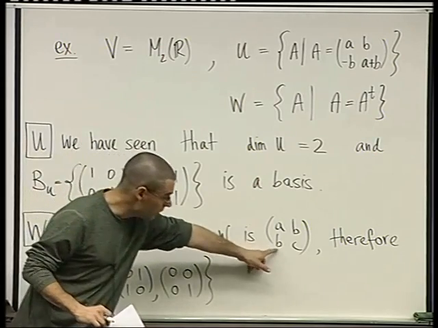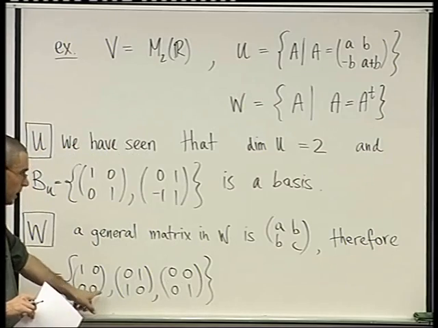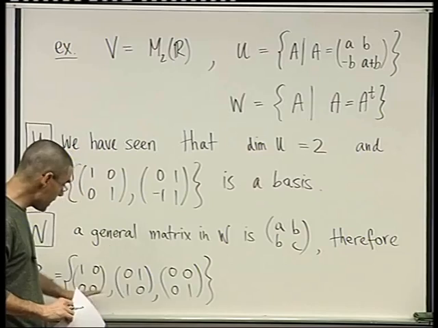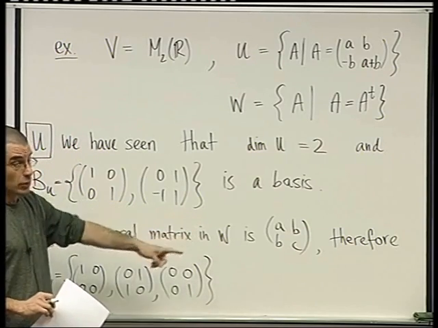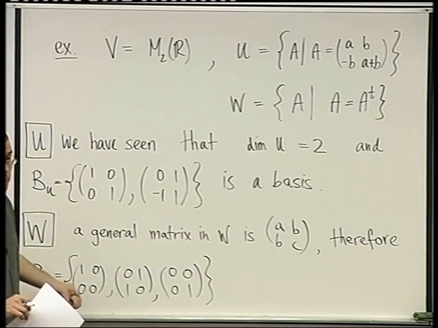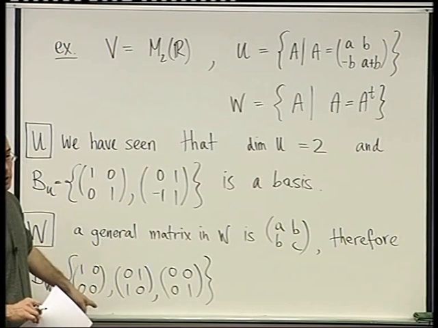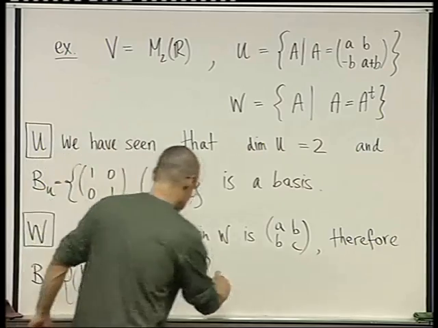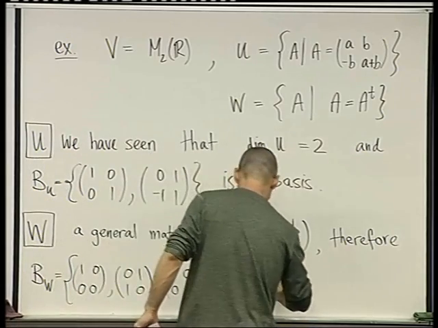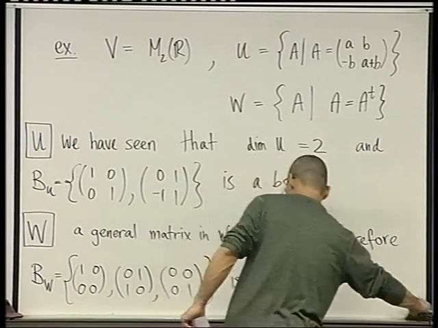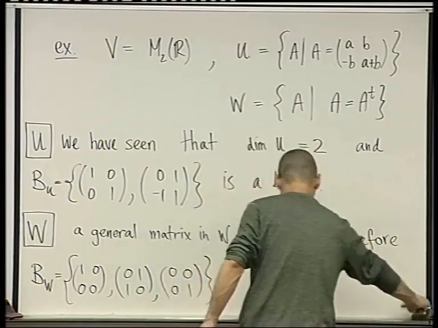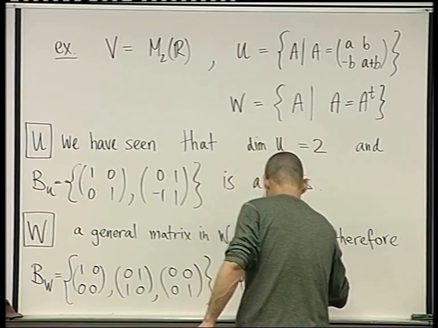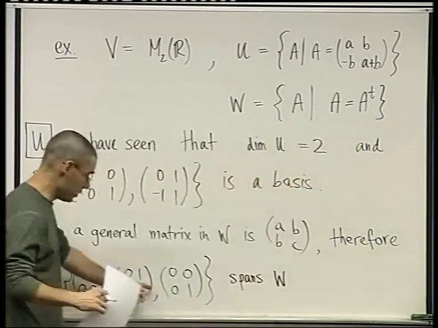Every element here is A times this plus B times this plus C times this. So this set spans W. In order for it to be a basis for W, I need to show that they're linearly independent, right? And why is it linearly independent?